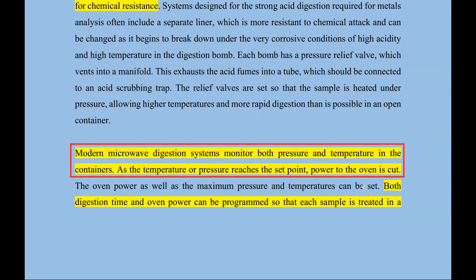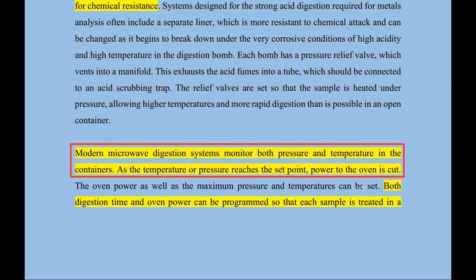And then the other point is that both the digestion time as well as the power can be programmed when you are working on the sample. It's quite advanced because you are able to set the temperature. That's why among the benefits, we say that there is a reduction in skill as a factor. It's a machine.